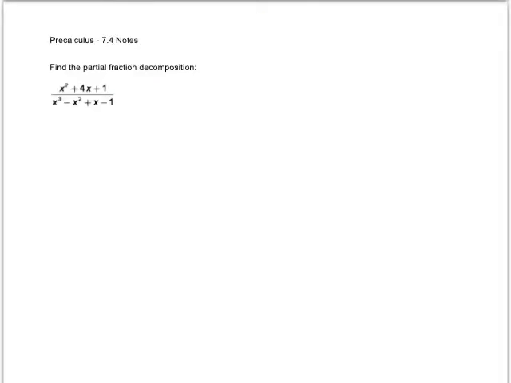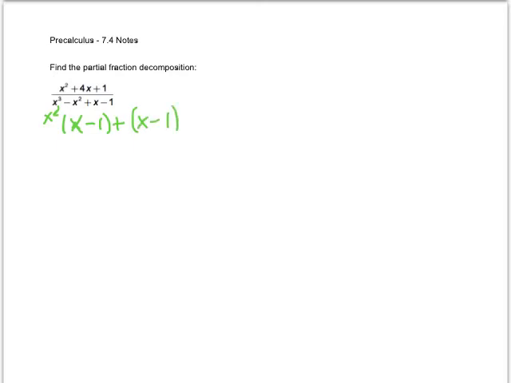All right, find the partial fraction decomposition. So first things first, factor the denominator. And on this one, what I'm going to do is kind of factor by grouping. I'm looking at this first term and I see I've got x squared that I can pull out. And when I do that, that gives me x minus 1 plus x minus 1.